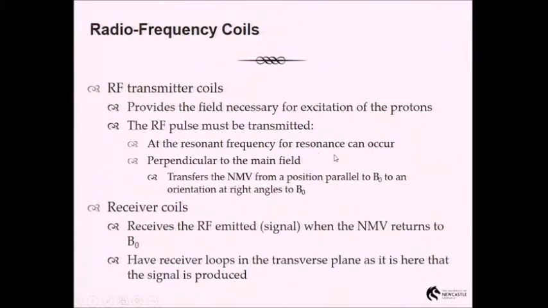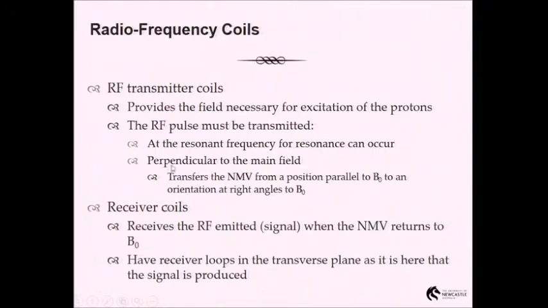It has to occur at the right frequency, so we spoke about that before. It has to be on resonance. If we want to do a slice through the tip of the nose, it has to be at that frequency. It has to be transmitted perpendicular to the main field, and its purpose is to transfer that net magnetisation vector from a position where it's parallel with B0 into the transverse plane.